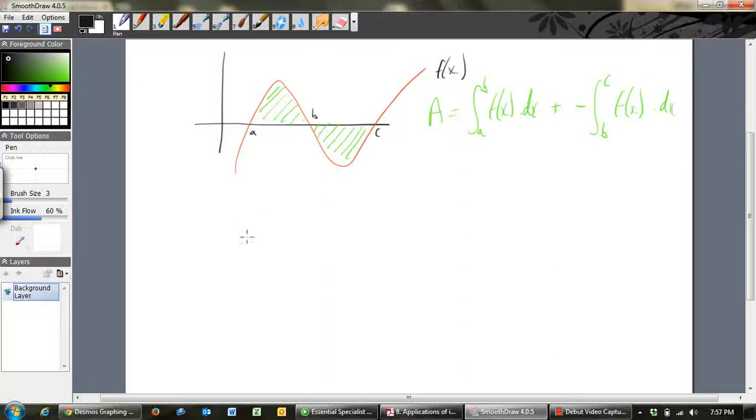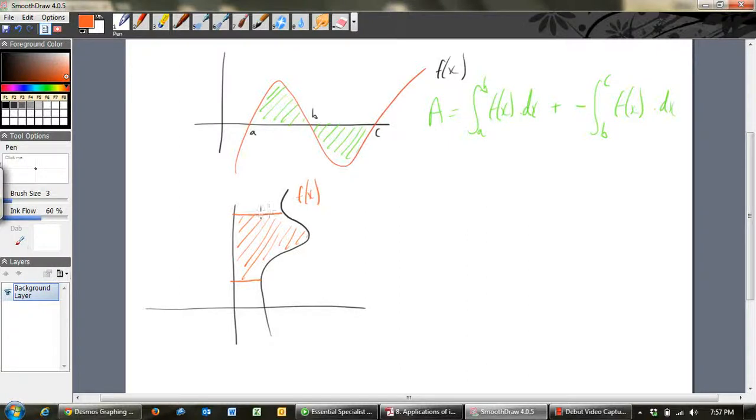And that's basically it, except for the fact where you've got some function, and you want to know this vertical area here between A and B. So far we've been talking about the area between the function and the x-axis. What about if we want to know the area between the function and the y-axis, between the points A and B?